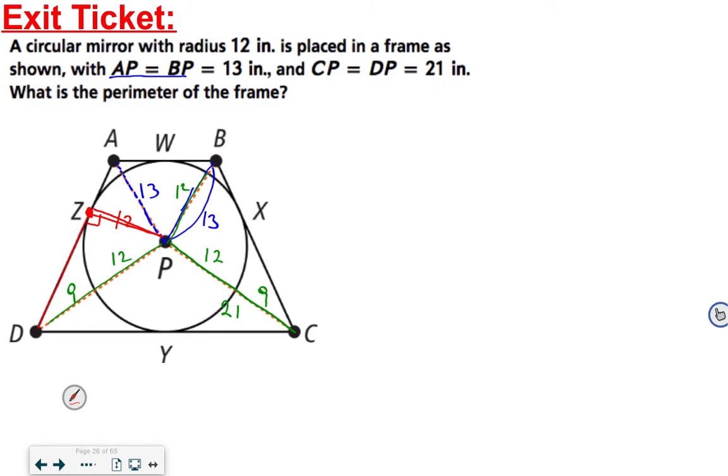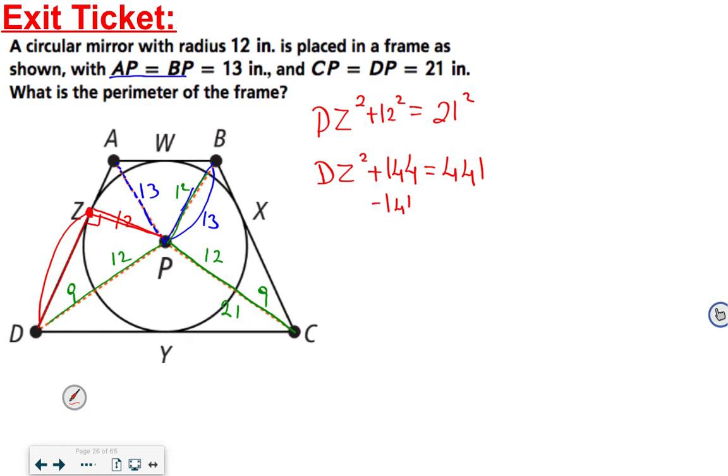So what is the length of this? It is 12. If this is 12, then by using the Pythagorean theorem, we can find the length of DZ. All right, let's do it. DZ squared plus 12 squared will be equal to 21 squared. DZ squared plus 144 will be equal to 21 times 21, which is 441.